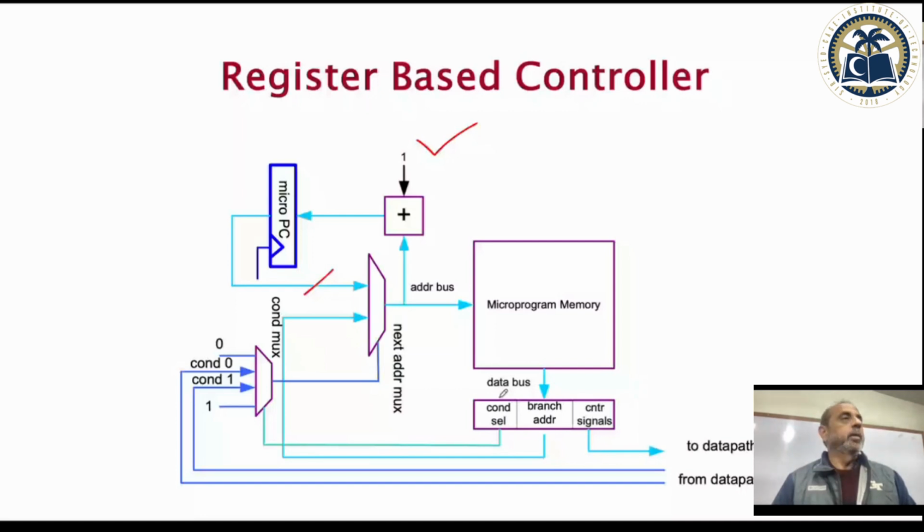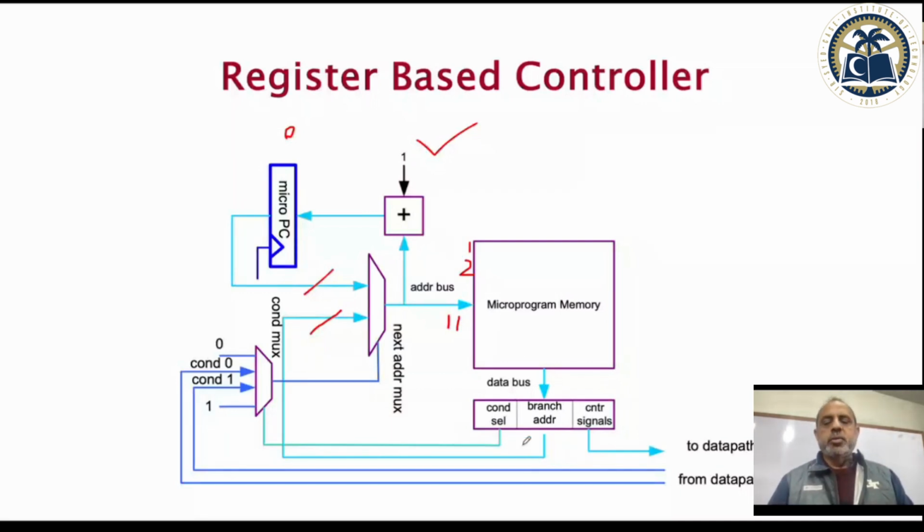This is very interesting. Now you say, okay, it starts from 0, so it goes to 1, then it goes to 2 in the instruction store, and let's say it is here, instruction number 11. Instruction number 11 is a conditional instruction. It says go to 100.